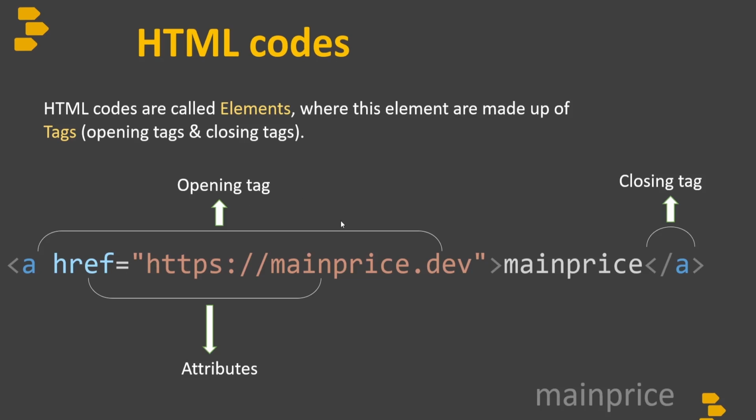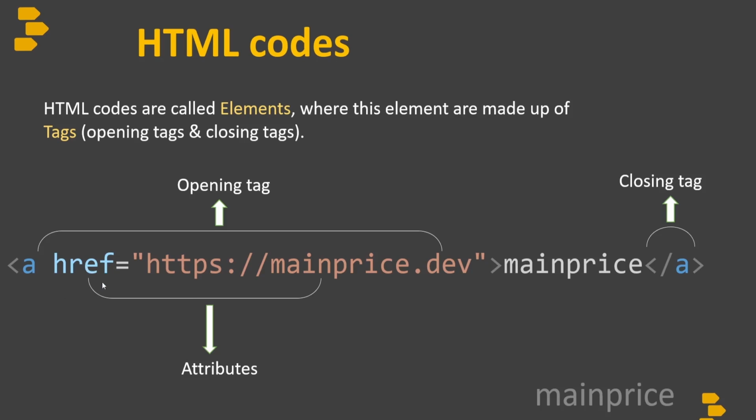And every HTML element, mostly, has an attribute. Most elements have attributes. What you see here is an attribute of the anchor tag. This attribute is called href, meaning hypertext reference, right? H stands for hypertext and ref stands for reference. So it is an attribute. An attribute is made up of what? A property and a value.